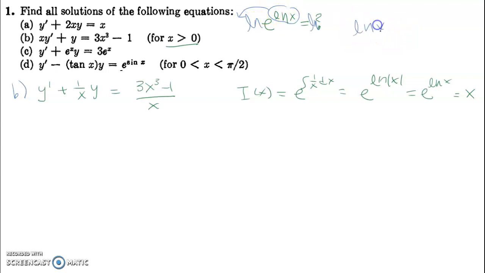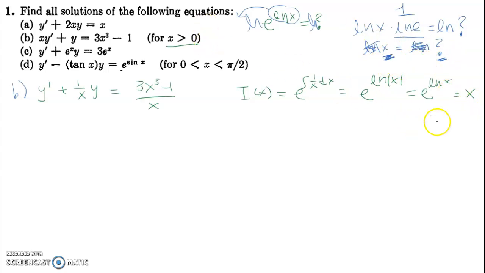So we have ln of x times ln of e equals ln of the thing that we're trying to find out. Ln of e by definition is 1. So we have ln of x equals ln of something. So we know that x equals the something that we are trying to find out. So x is going to be our answer.